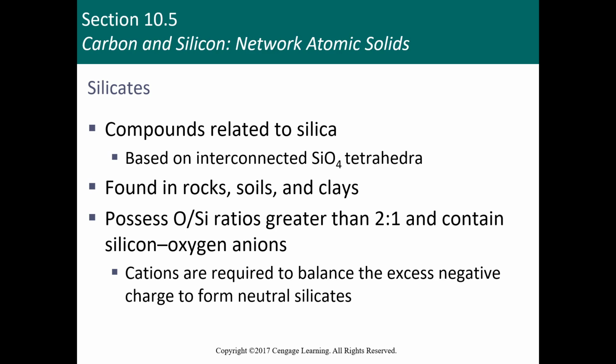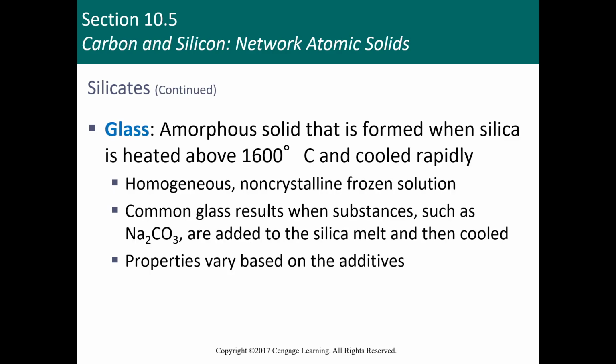Which is why you get things like rose quartz and yellow quartz and all sorts of different silicates, or different types of glass. For example, the old red glass that you see in church windows from hundreds of years ago actually had gold in it. That was gold cations that made that color.